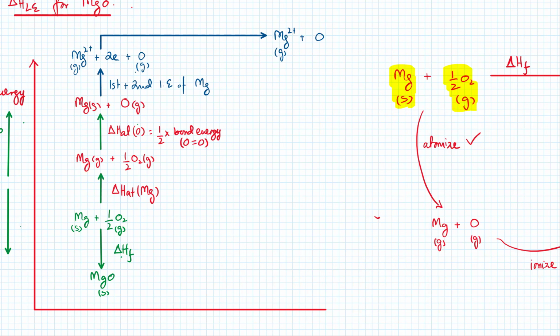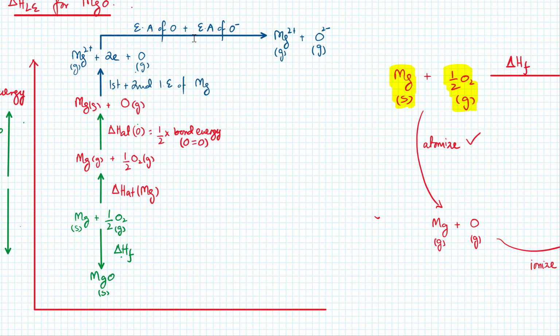Now oxygen is supposed to gain 2 electrons. That's going to be 2 minus, and that's also gaseous. Now it has turned into ions. This step over here will be the electron affinity of oxygen plus the electron affinity of oxygen minus 1. It's gaining 2 electrons.